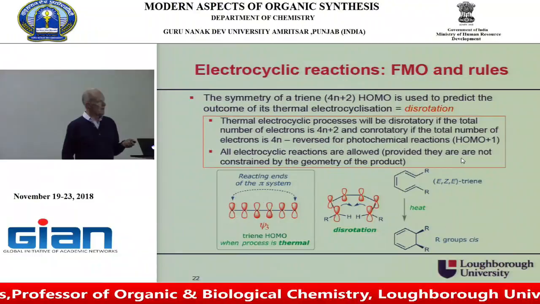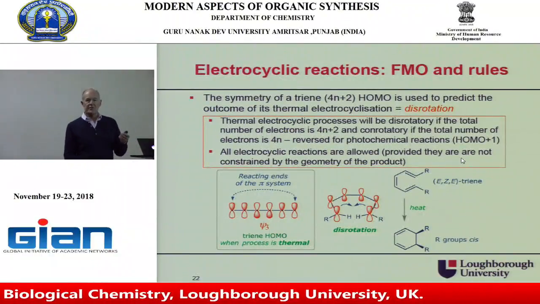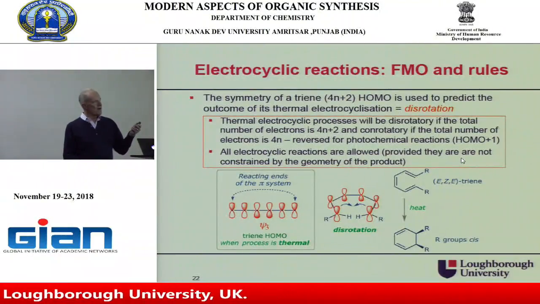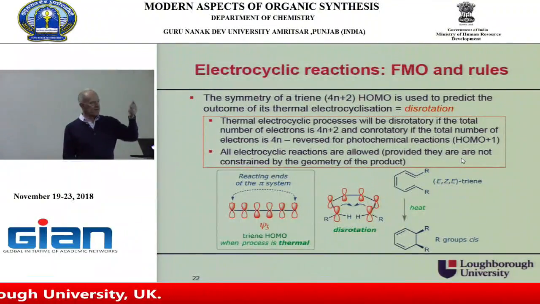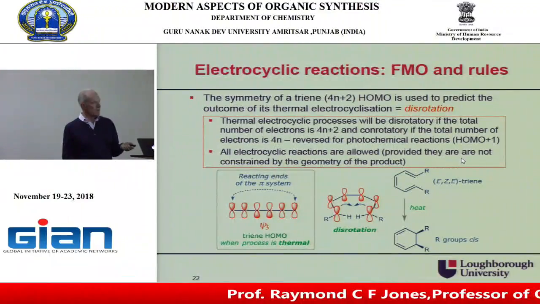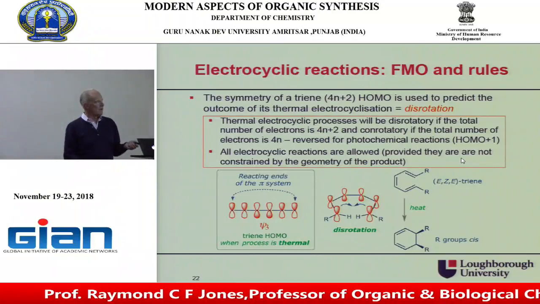And actually it will all be reversed for photochemistry. Why? Because taking the same thinking, the highest energy orbital will now be one higher. It'll be what I've called HOMO plus 1. It'll be what used to be the LUMO, the next one up. And that has opposite symmetry. So you just reverse all the, so you go to photochemistry and you're talking about one orbital further up, and it has opposite symmetries.